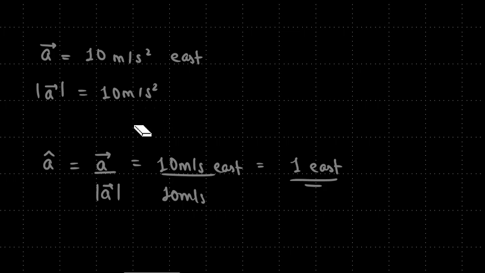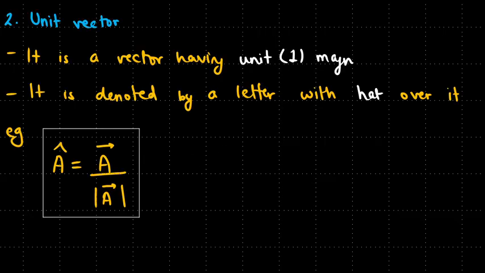So the dimension of a hat, or a unit vector, is dimensionless, right? Because east only represents the direction and the units just cancelled out. And here the magnitude is still 1. So this is a very cool fact about unit vectors. So let's write something more right over here.